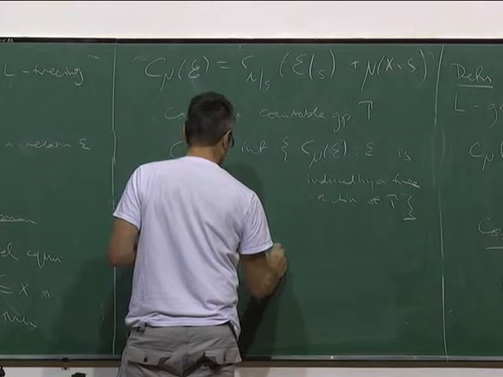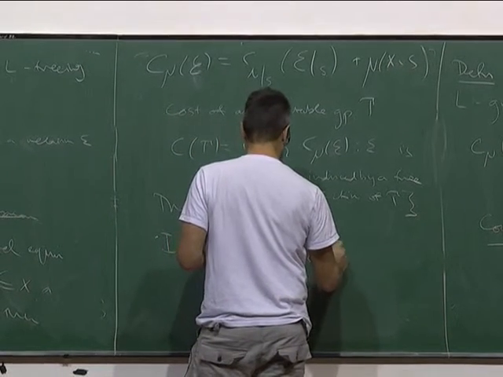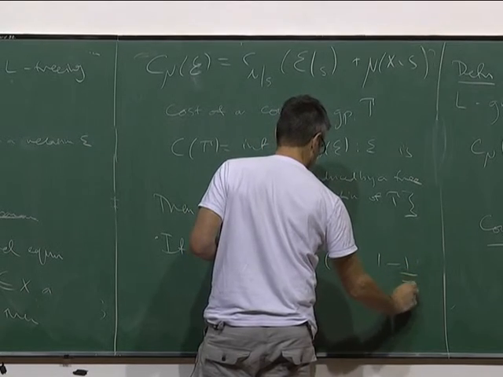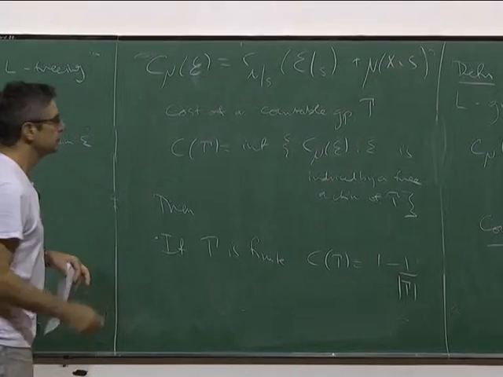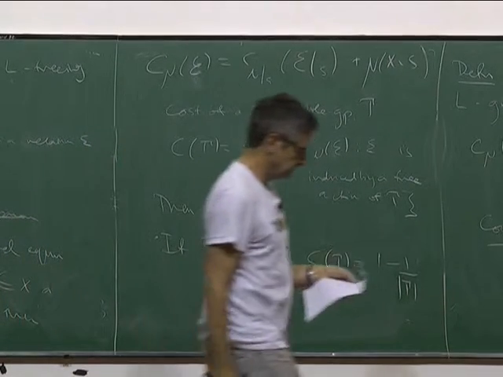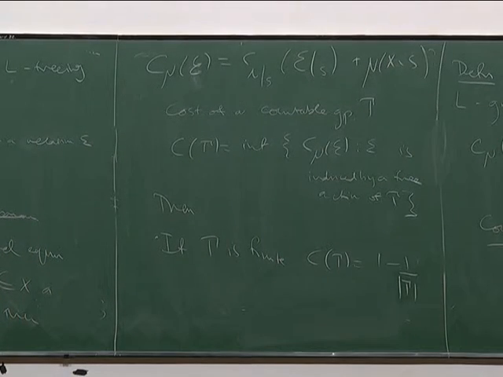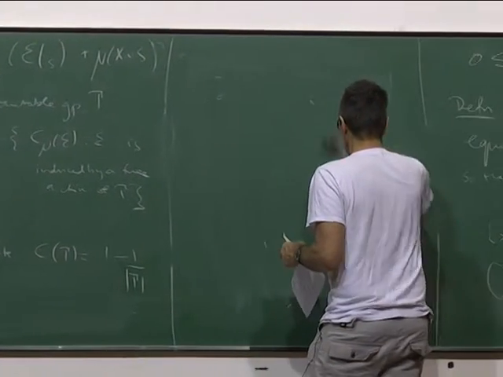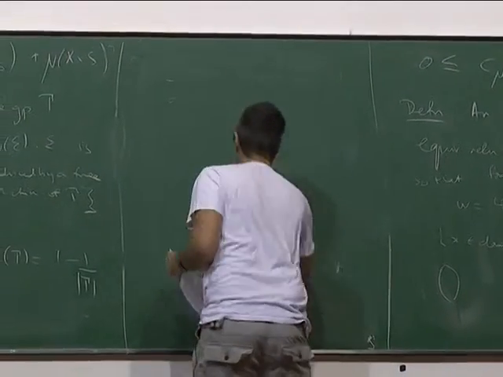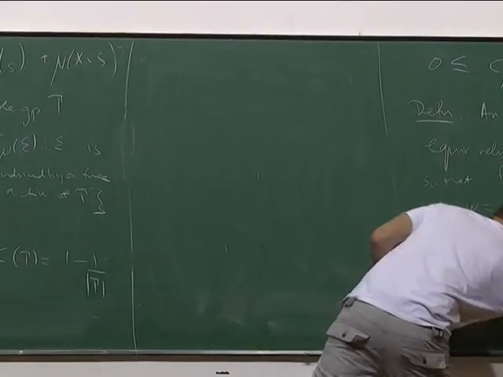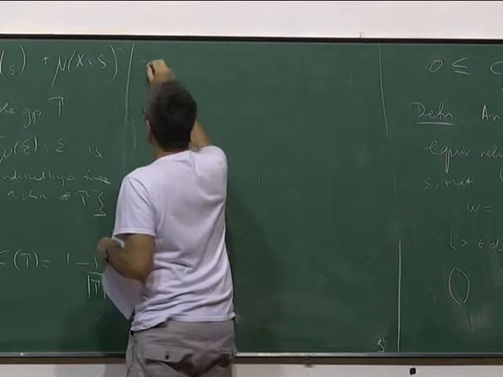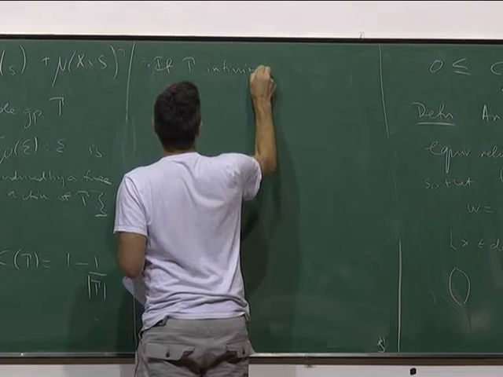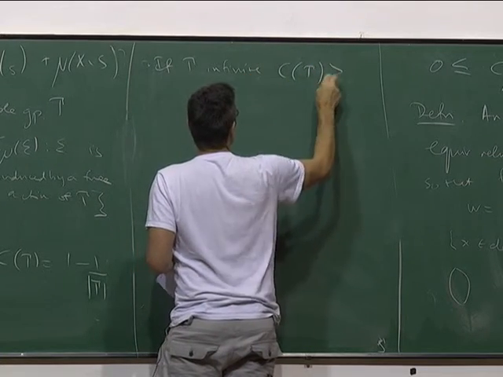If I have a finite group, the cost of gamma is 1 minus 1 over the number of elements of gamma. If gamma is infinite, the cost of gamma is greater than or equal to 1.